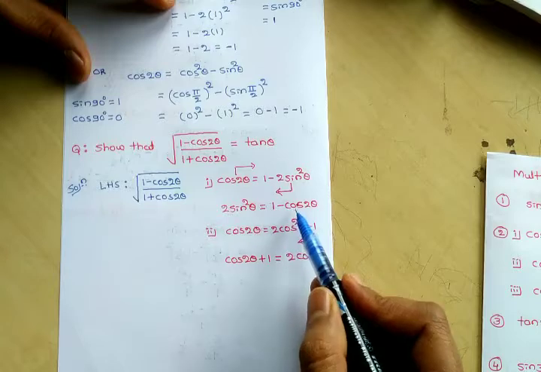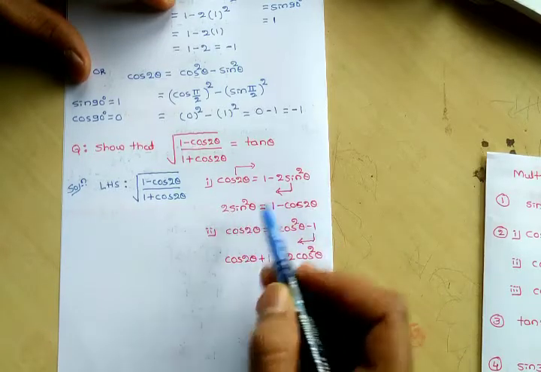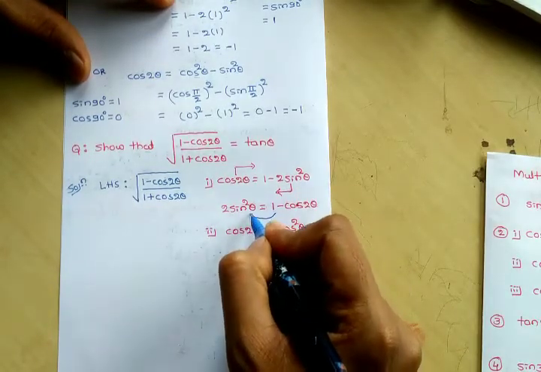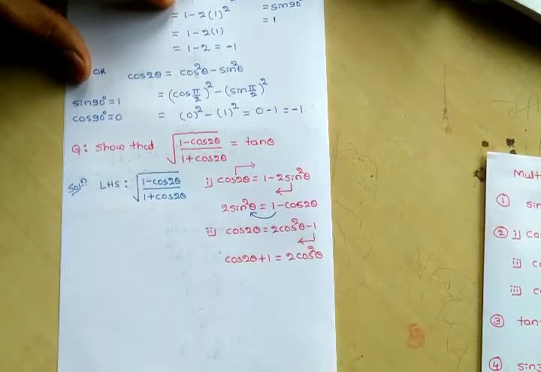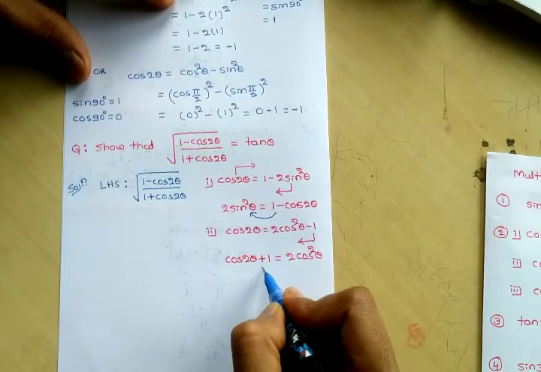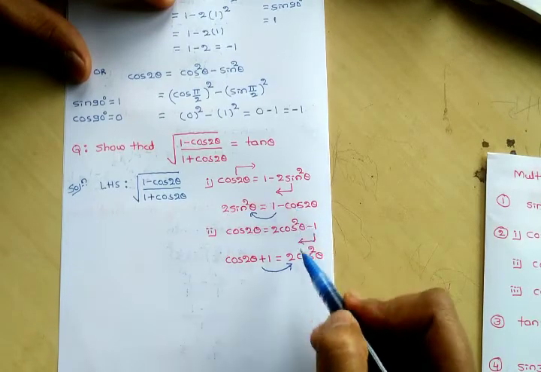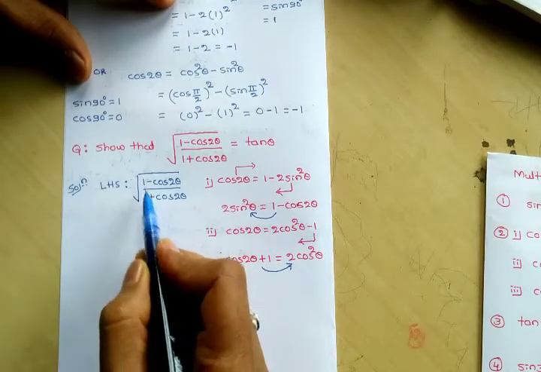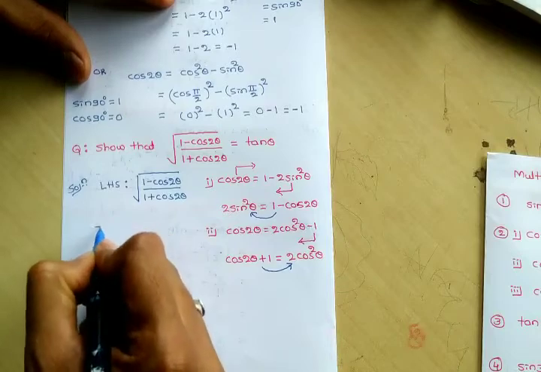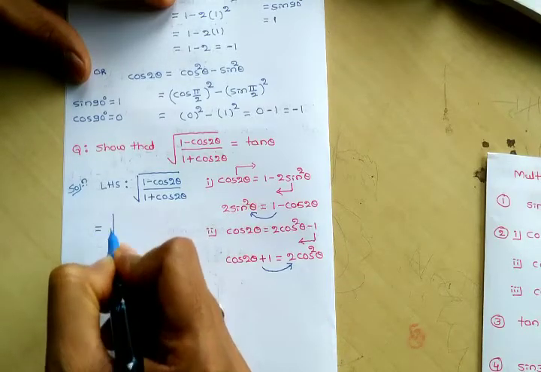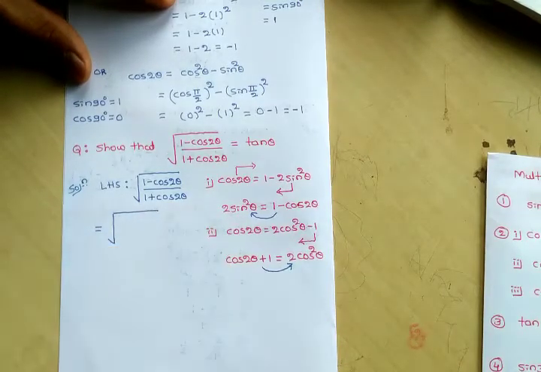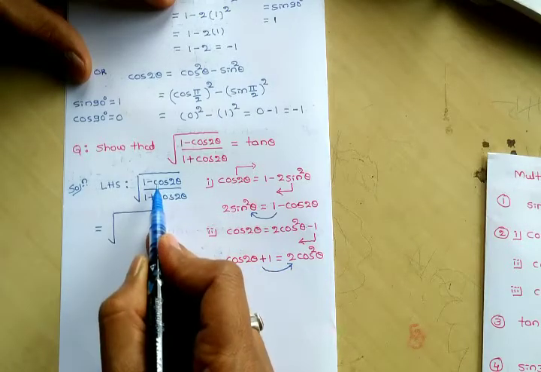You know 1 minus cos 2 theta is nothing but what? Is nothing but 2 into sin square theta. 1 plus cos 2 theta is nothing but what? 2 into cos square theta. Now these two values here I am going to substitute. So which is equal to that square root, I am going to keep it as it is. Here 1 minus cos 2 theta is there.